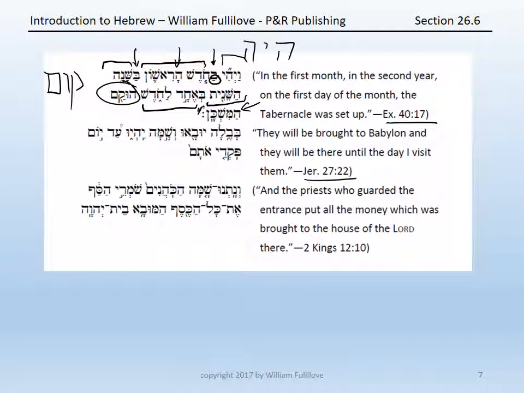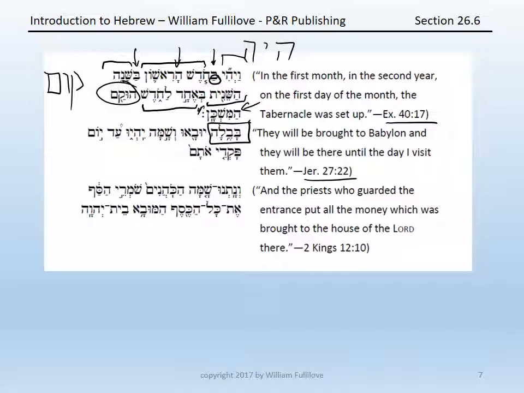Second example, Jeremiah 27:22. Bavelah yuva'u v'shamah yihyu ad yom pokdi otam. So we begin Bavelah. This is Bavel, the proper name Babylon, plus a directional he. Remember, the directional he cannot take the stress, so the word is pronounced Bavelah.